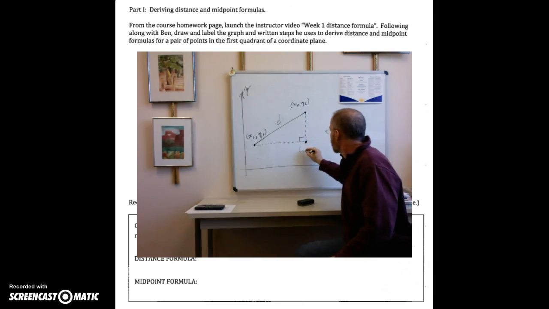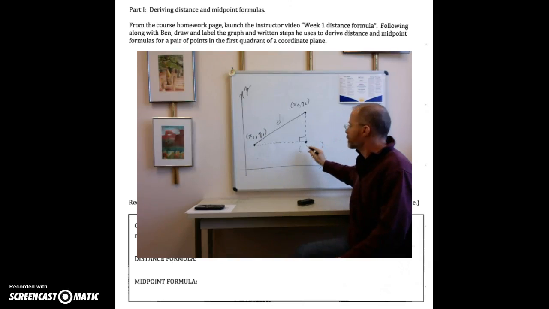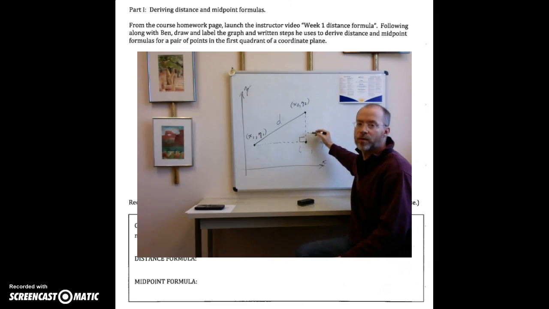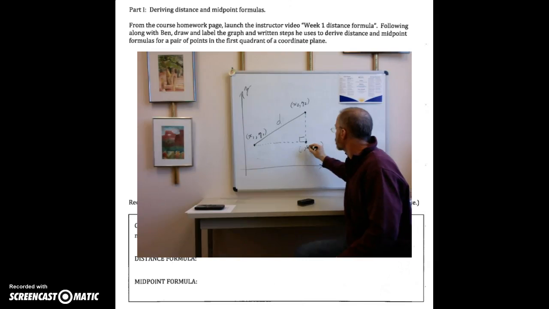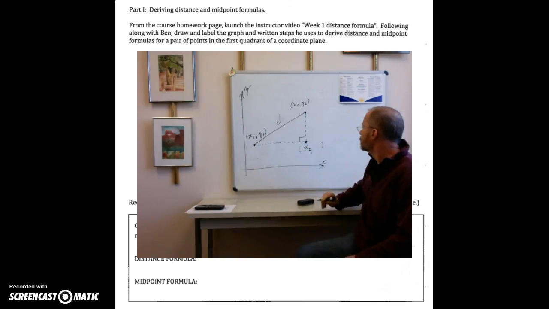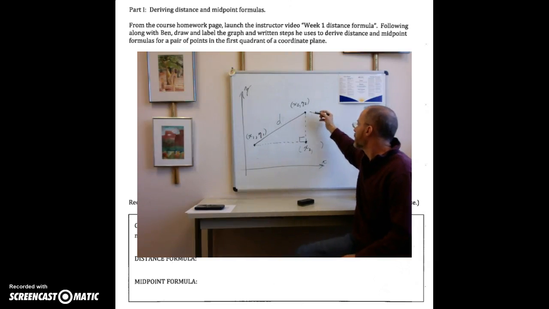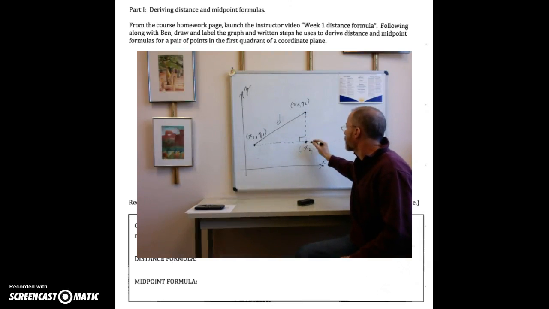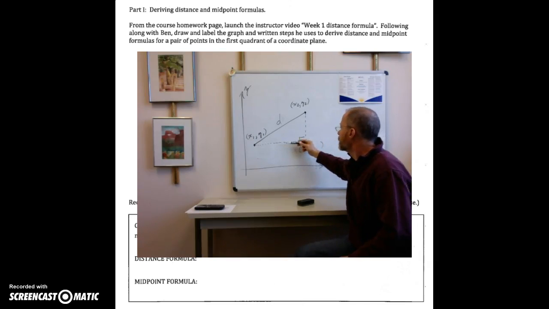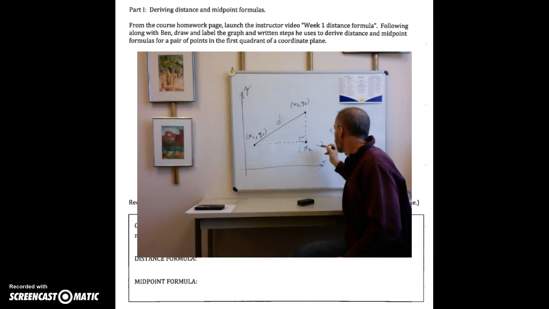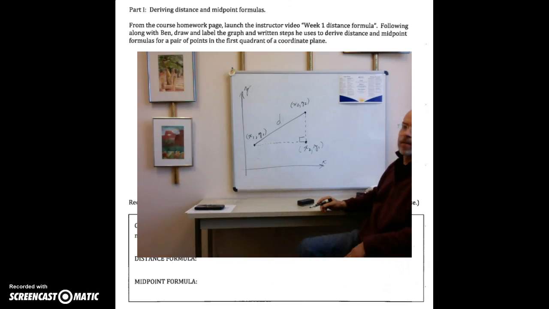You'll notice the x coordinate of this point should be the same as the x coordinate of the point directly above it, so that would be x2, same location east and west as this point. And the height of this vertex is the same as the height of our first point, so the y coordinate here is y1. Make sense?